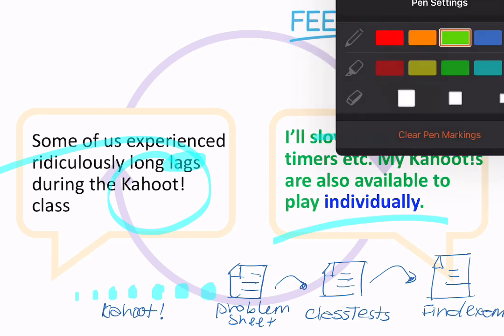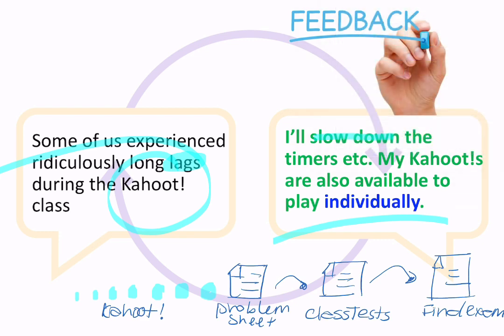And somewhere in between here you have your practice tests. So what we want to do is start from something very easy and build up so that you're ready for the exam when it comes.